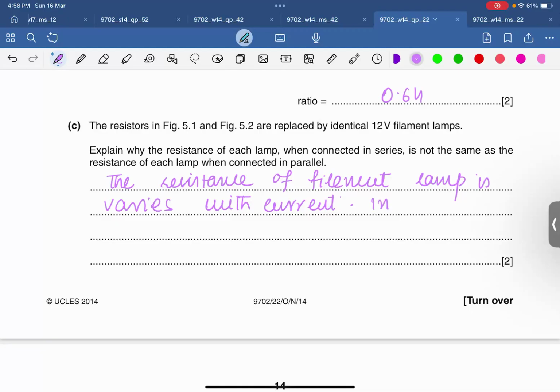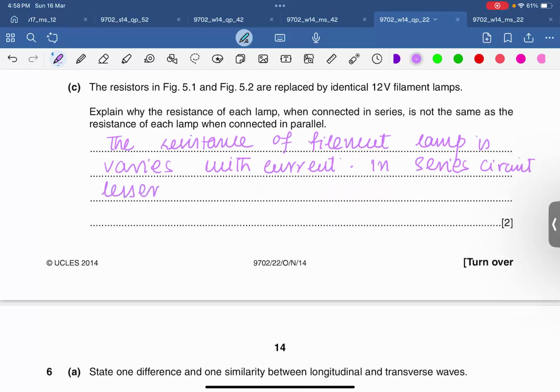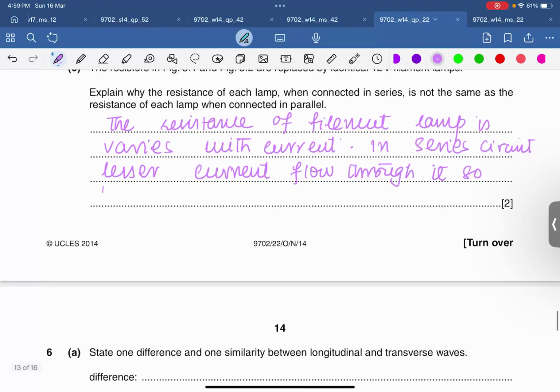So in a series circuit, lesser current flows through it, so lesser heating effect, and hence the lesser resistance.